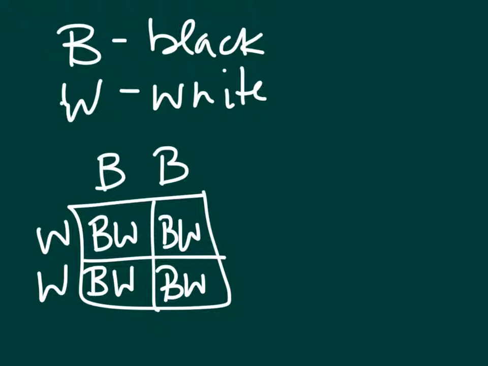That's the difference between incomplete dominance and codominance. Incomplete traits blend. Codominance means you will see both traits. So if you have a black allele and a white allele, you will see black and you will see white. You won't see gray.